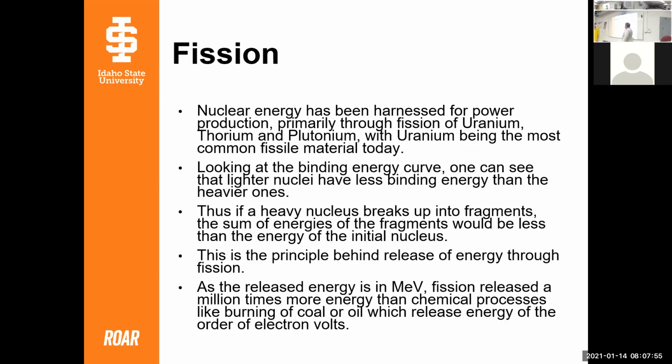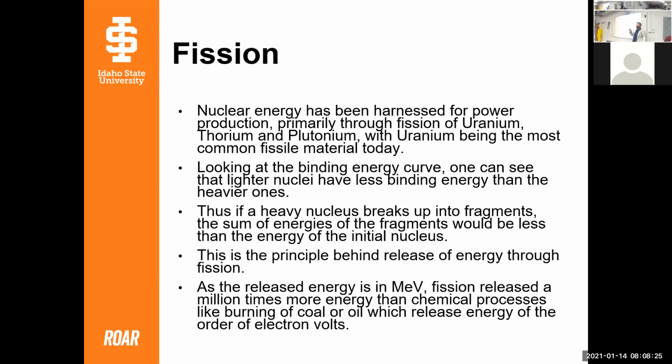So, because of our discussion on binding energy, if a heavy nucleus breaks up into fragments, the sum of the energies of the fragments would be less than the energy of that whole nucleus, right? Because the pieces and parts have a different energy than the whole nucleus. And so when we break it apart through fission, and this is how we get our fission energy, right?